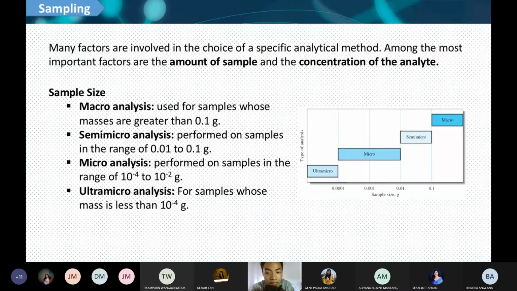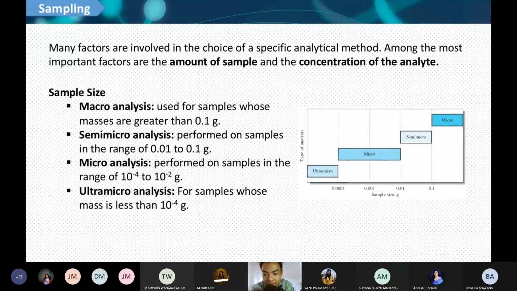The classical methods may not be good enough for semi-micro analysis because they could lead to lots of error when doing measurement. So when doing semi-micro analysis, you may want to use much more sensitive techniques so that you will be able to measure your analytes.